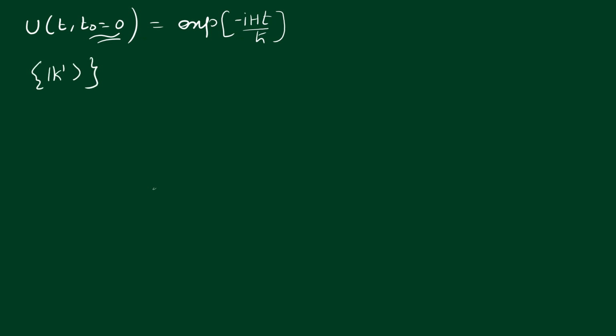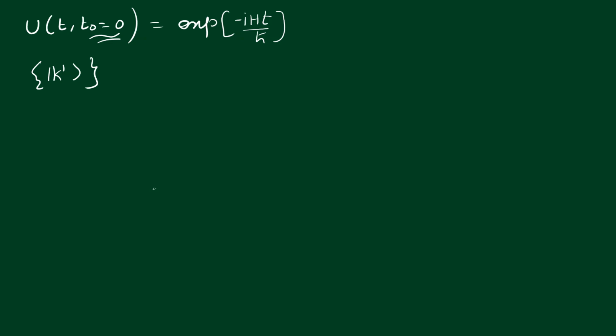When the Hamiltonian is independent of time, we can write the time evolution operator as U of t comma t0 is equal to exponential minus iHt divided by h bar. We have taken t0 equal to 0, or the initial time equal to 0, for simplicity. Now we found that solving the initial value problem is simple if we choose base vectors in such a way that the base vectors are also energy eigenkets.